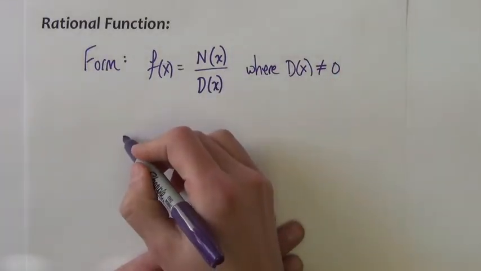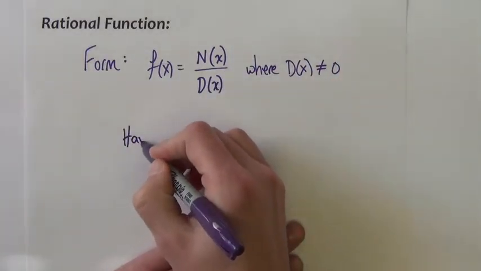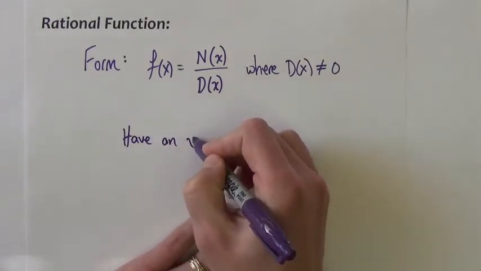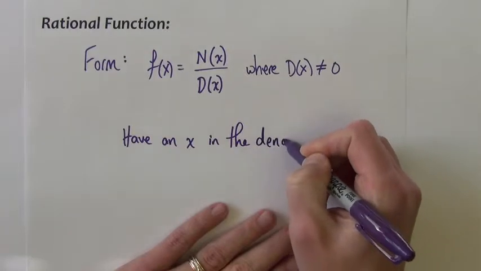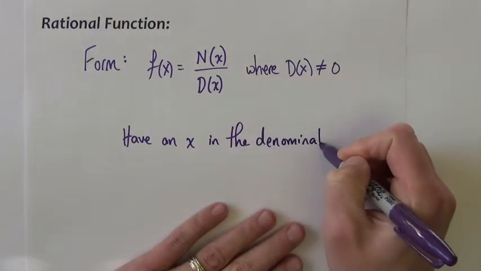Specifically, rational functions have an x in the denominator of a fraction.